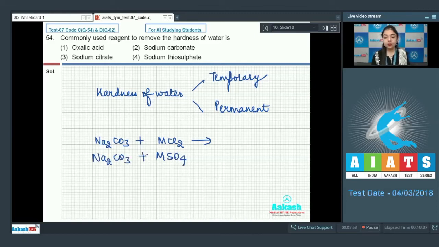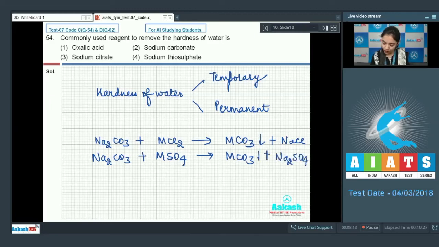And here M can be magnesium or calcium. So it forms insoluble salt, that is carbonate. So due to the formation of insoluble metal carbonate, we can remove the hardness of water. So option number 2 will be the correct answer.